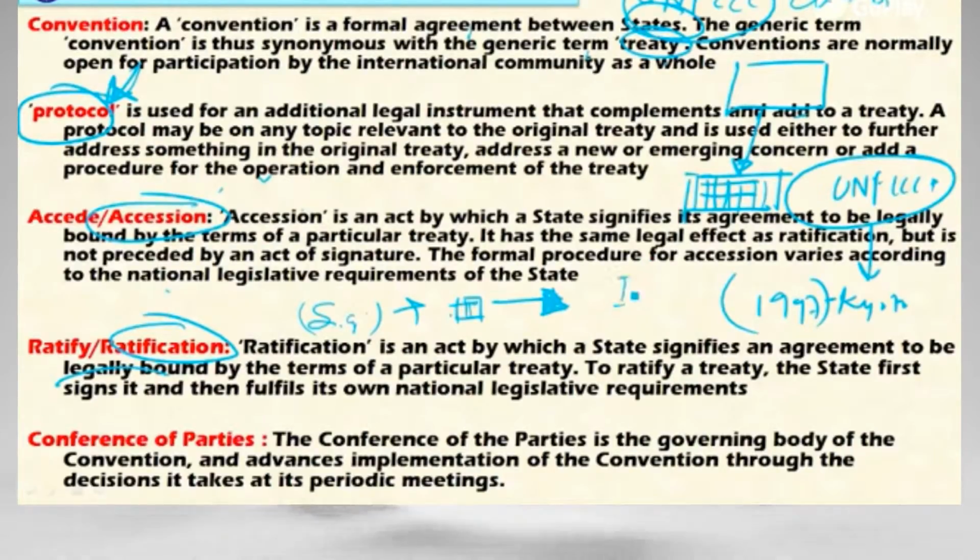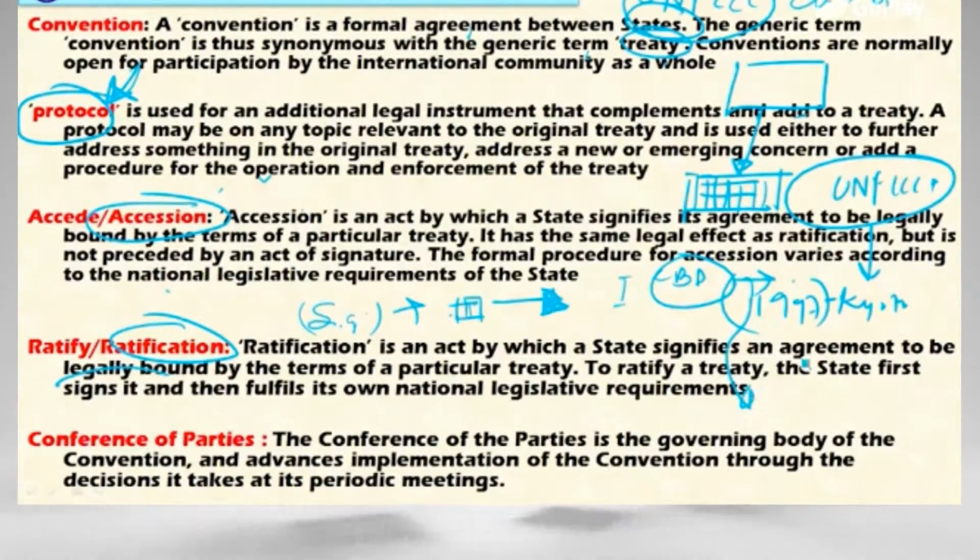For example, if India signs the Convention on Biological Diversity, it has to be ratified by the Parliament of India in order to give sanctity to this signature. So ratification is when the countries get permission from the respective parliament by ratifying the treaty. This is ratification.